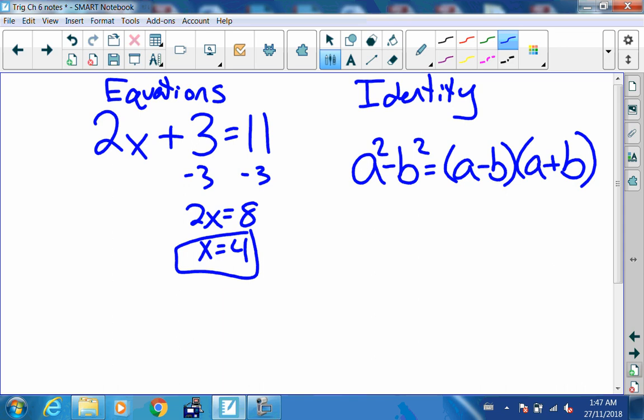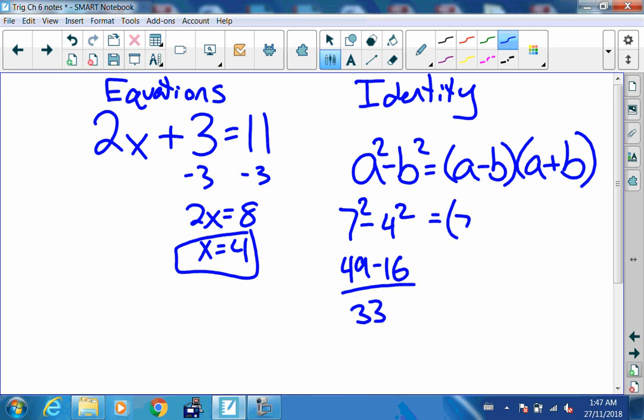No matter what. I could choose 7 and 4. 7 squared minus 4 squared. 7 squared is 49. 4 squared is 16. So this ends up having a value of 33. And if we do this over here, this becomes 7 minus 4, and this becomes 7 plus 4. This is 3 times 11.